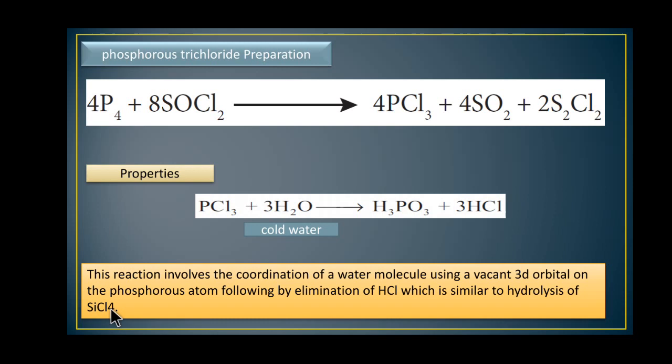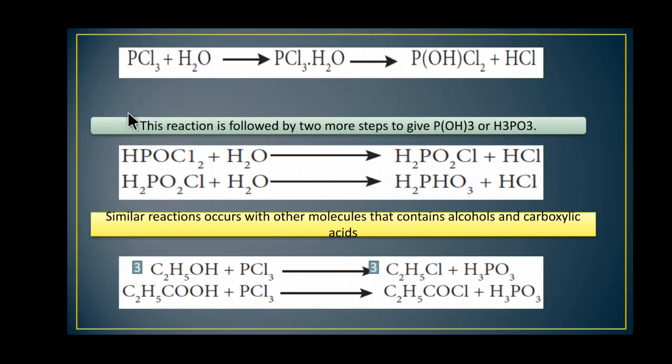What is SiCl4? Silicon tetrachloride. Is it clear? So a similar product is possible. Next, the hydrolysis of phosphorus trichloride will form an intermediate product.